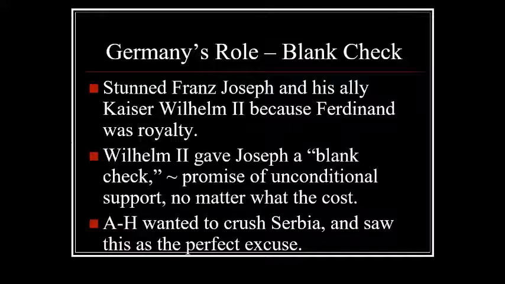So basically, we will support you no matter what. You got us for as long as you need us. So Austria-Hungary wants to destroy Serbia, and the assassination of the heir, Franz Ferdinand, is the perfect excuse to light them up, to destroy them and take them over, make Serbia no longer a thing.